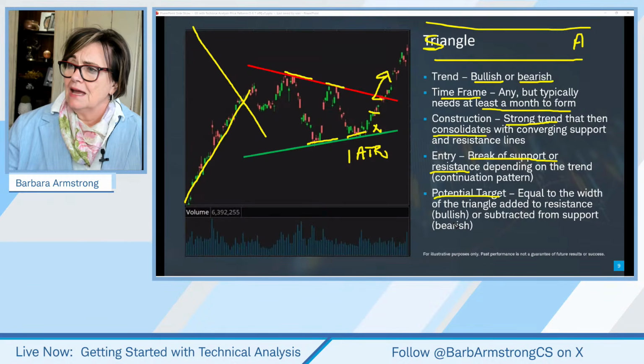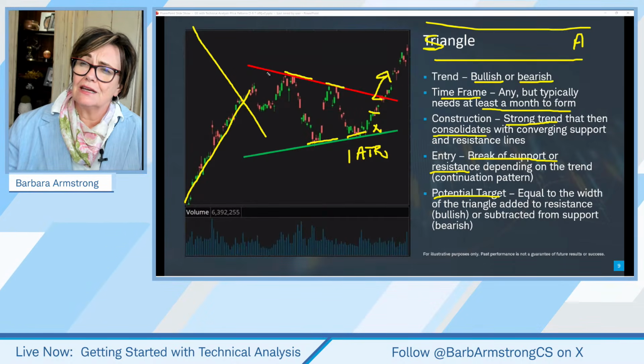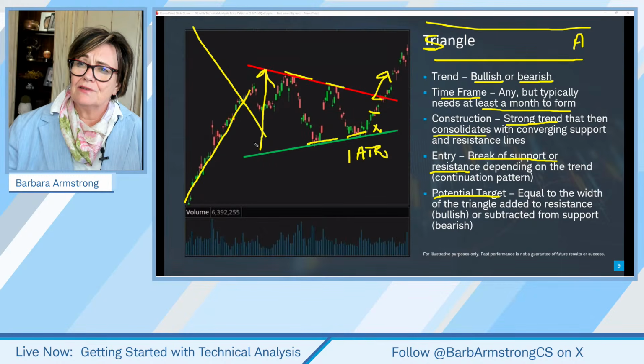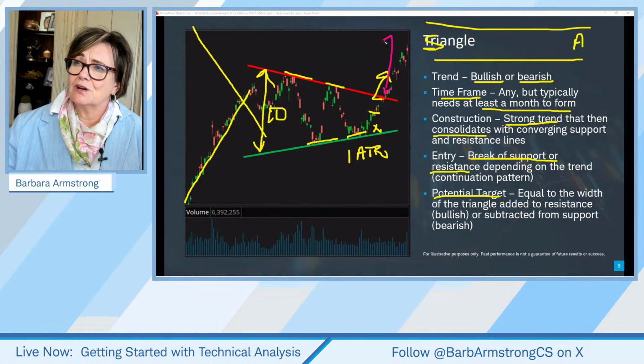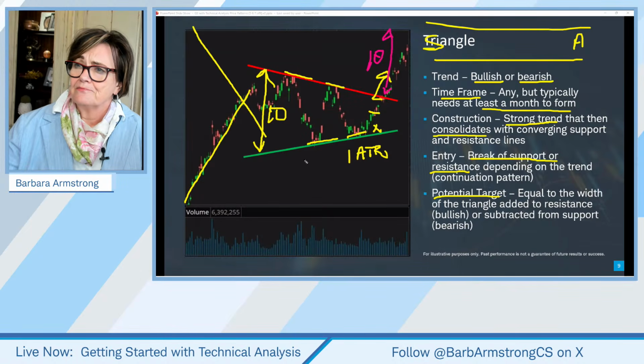Okay. And our potential target here on a pennant pattern, we might measure this distance. If we say this is $10, then we're expecting how big a move to the upside when it breaks out? We start here and expect it to go $10 to the upside. So that's how we might determine a target.